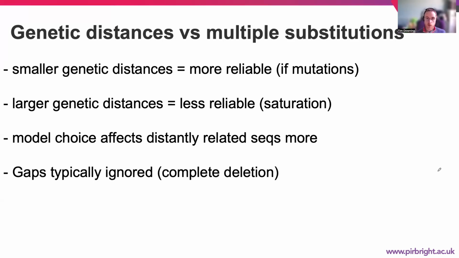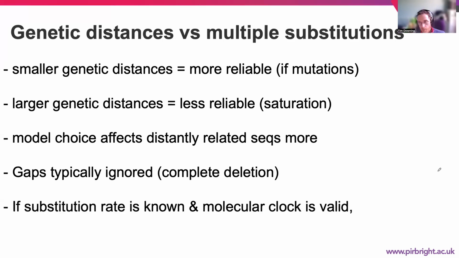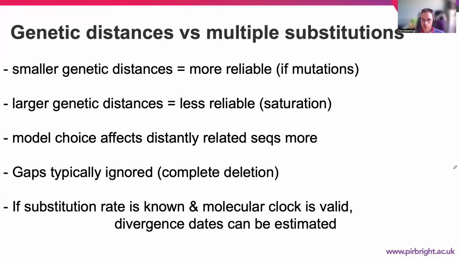Gaps are typically ignored. And it's possible then, if you have an appropriate substitution model and the molecular clock signal is strong, that you can estimate divergence times. However, we have to be aware that these two key factors are important.